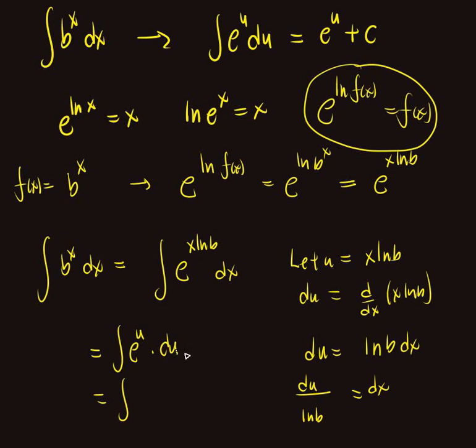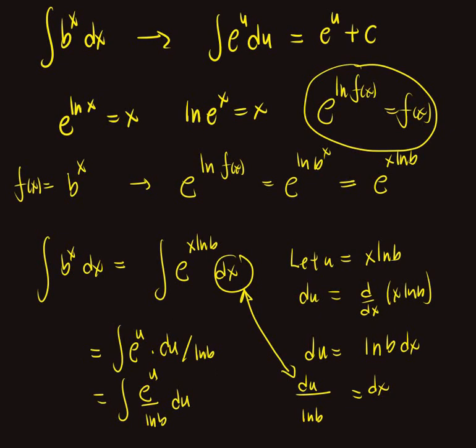This dx is not du. This dx is du divided by natural log of b, because we're substituting dx in terms of du. So now we have the integral of e to the u divided by natural log of b du. So we take the natural log of b out.